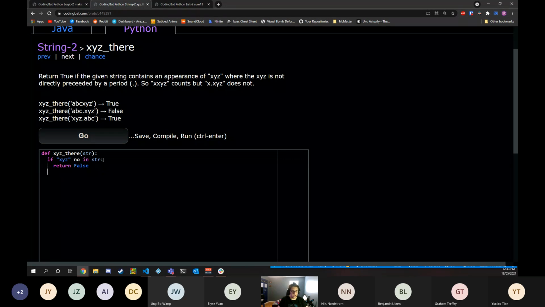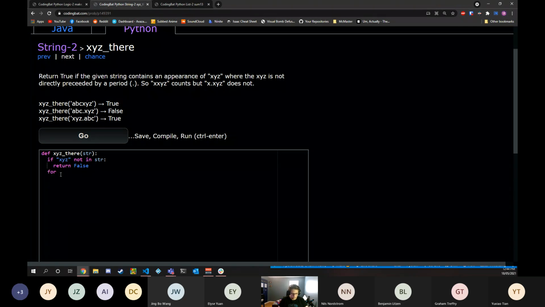From here on out, I can assume there's an XYZ because if there wasn't, it would have been caught right here. So what I need to do then is find all occurrences of XYZ, and check if there was a period prior to that index.